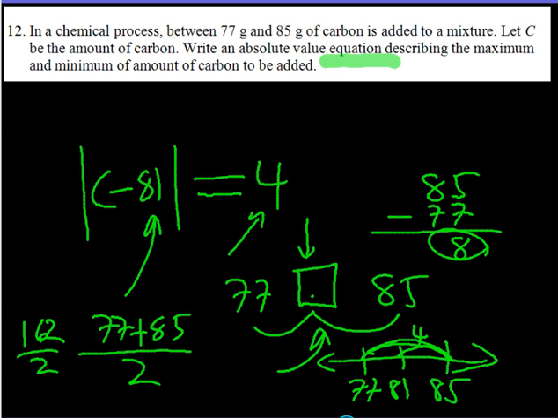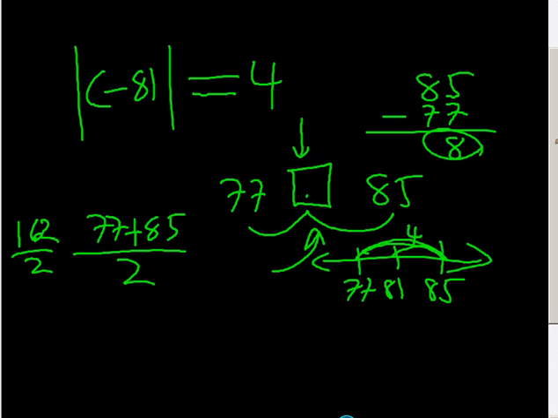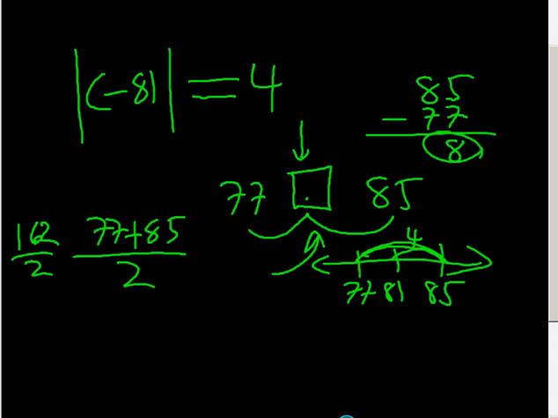So it would be a really, really good idea to solve this and make sure it gives me the right numbers. Let's just do that really quickly because we're almost done. I've got just solving that absolute value equation.